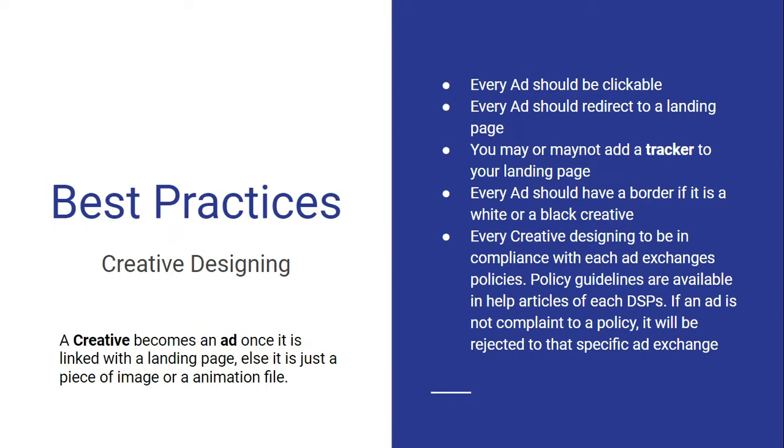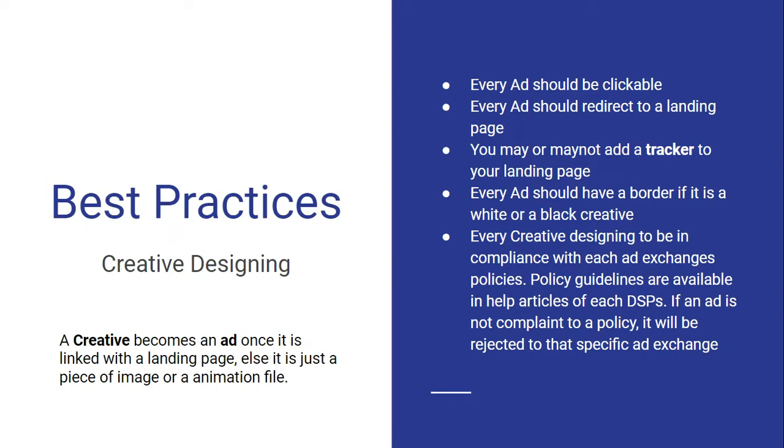So how do you know whether your ad is compliant or not? When you start creating your campaign, or when you start designing your creatives, go to the help documents of your DSPs, and you will find the policy guidelines for individual DSPs.